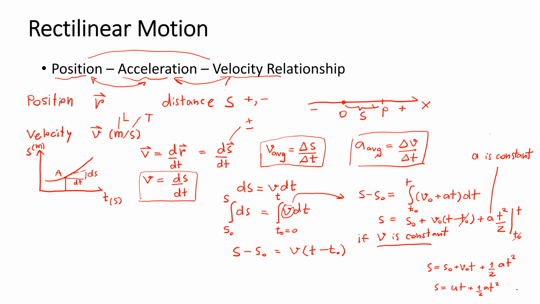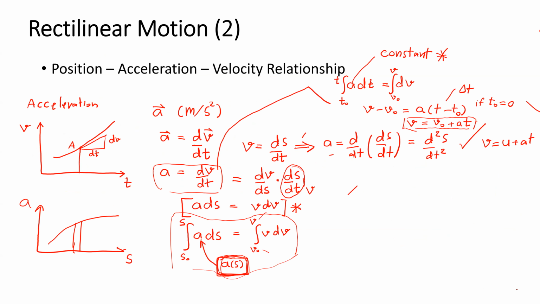So it seems like these two slides are the review for you to get the idea of the relationship between position, acceleration, and velocity. But what is new and important, and you can see how applicable this relationship is in our example, is this one.